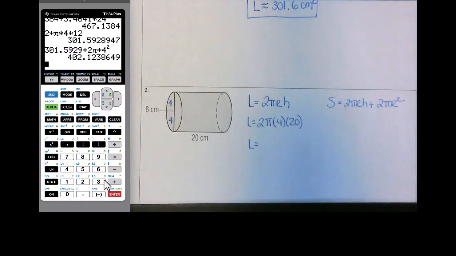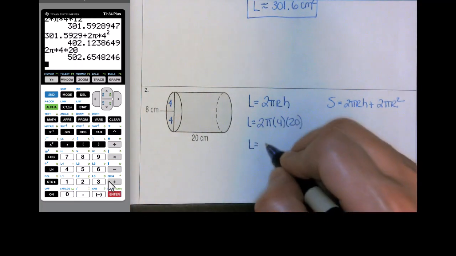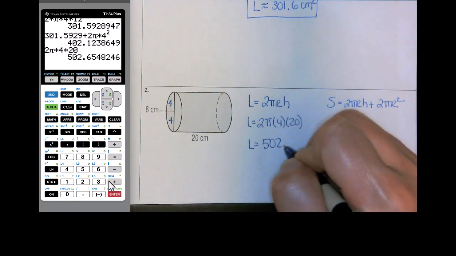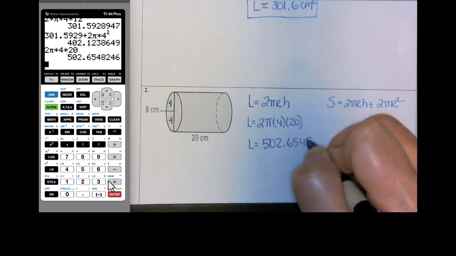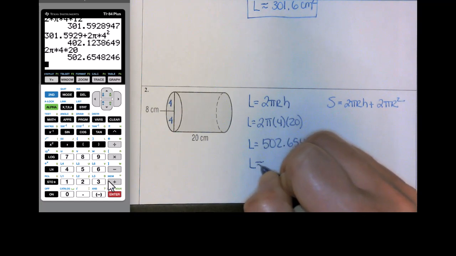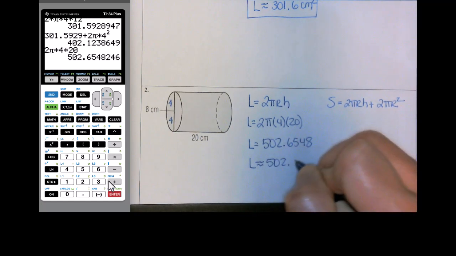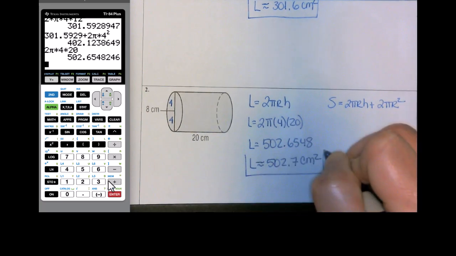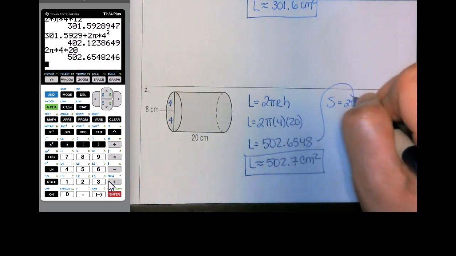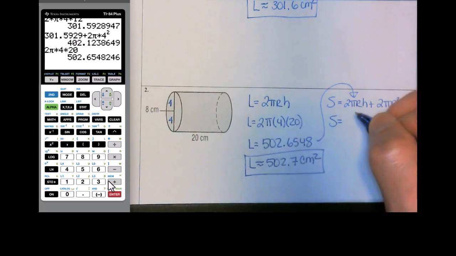Then we just plug it in the calculator. So 2 second pi times 4 times 20. And we get 502.6548, which we round to 502.7 centimeters square. Now I'm going to bring this value and plug it in here to find the surface area.